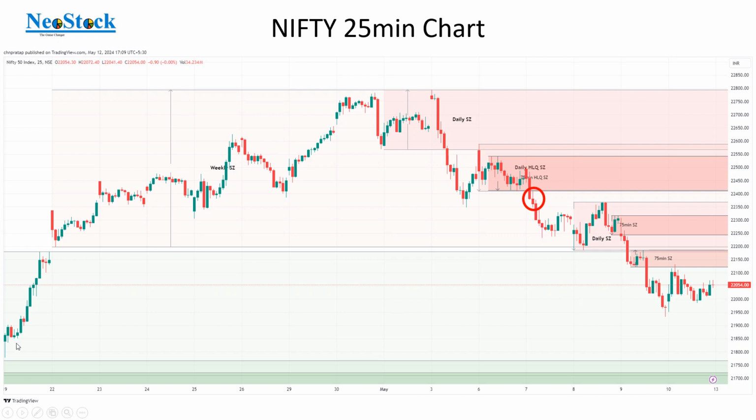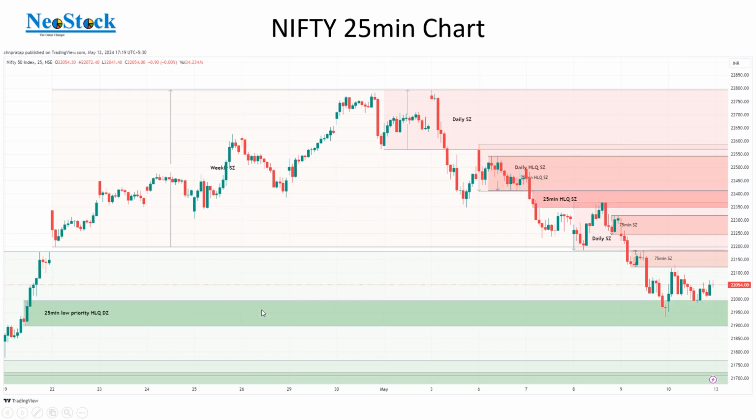And also here you have rally, base, rally. This is the low priority high liquidity zone. This is also important. Why is it important? After drawing you will understand. See how it is drawn. On 25 minutes, this is a high liquidity supply zone. Apart from that, this has significance.